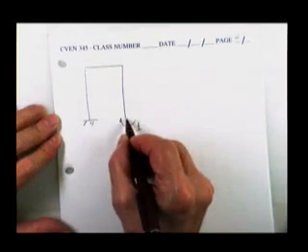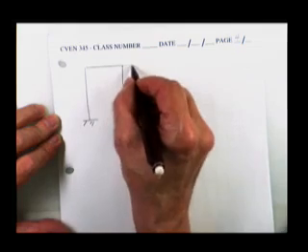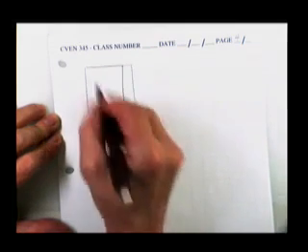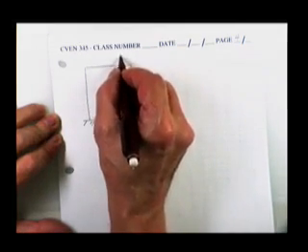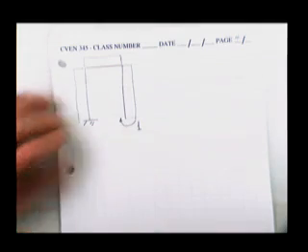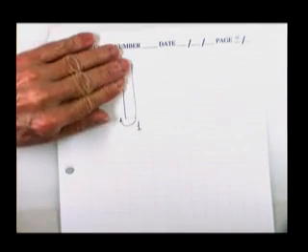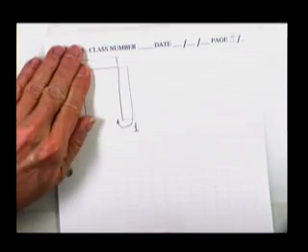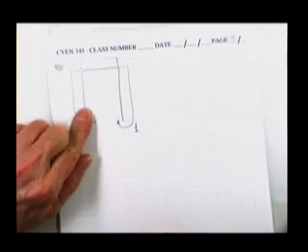If you don't mind, I'm going to draw it on the outside here, just so it doesn't get all cluttered up in the middle. And I'll put the proper sign on the moment diagram. Some of the moments are 1.